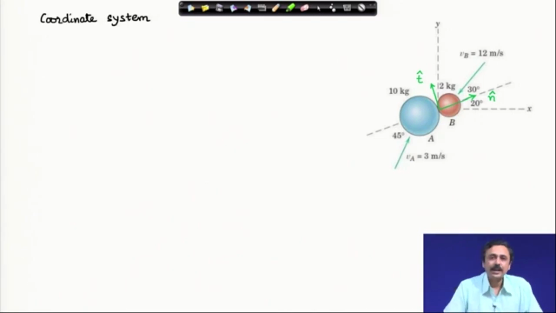Therefore, we have n cap, the unit normal vector, and t cap, the tangential vector, which is perpendicular to the unit normal, and the whole thing is in the xy plane.